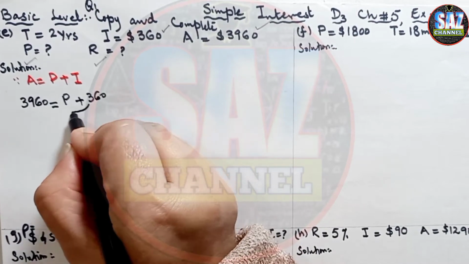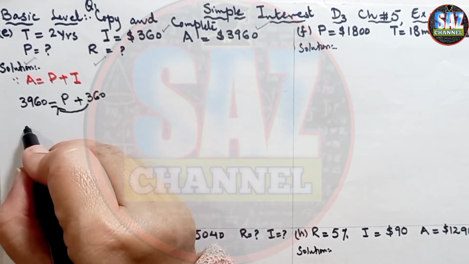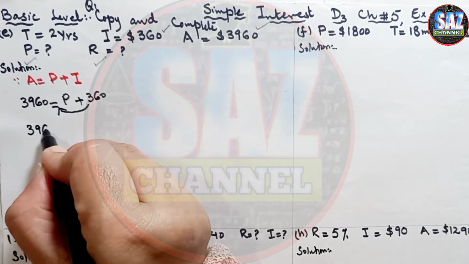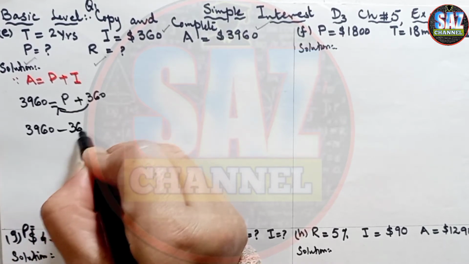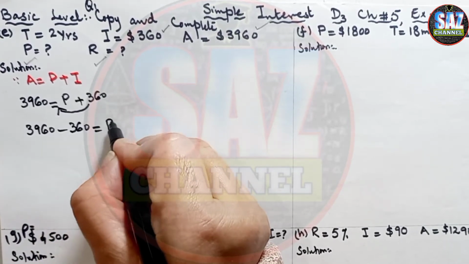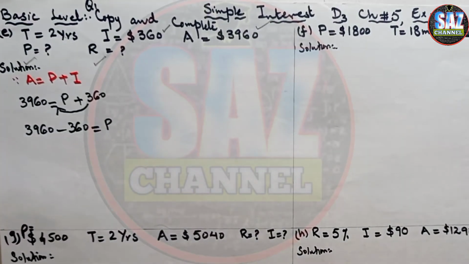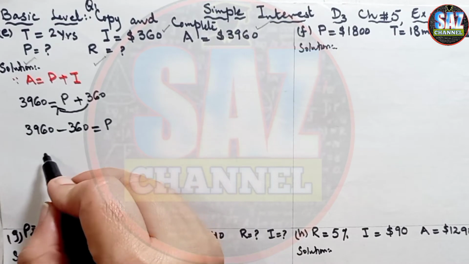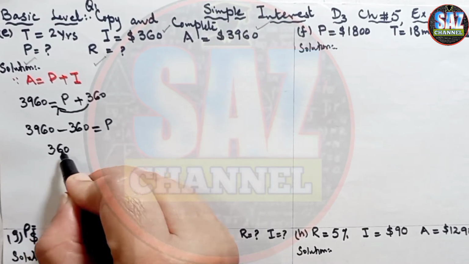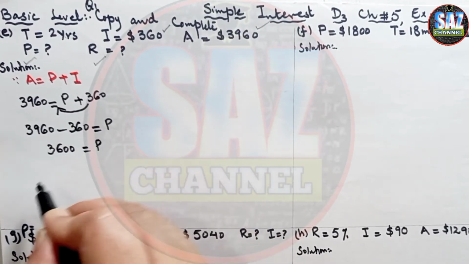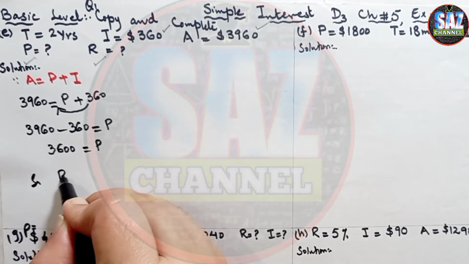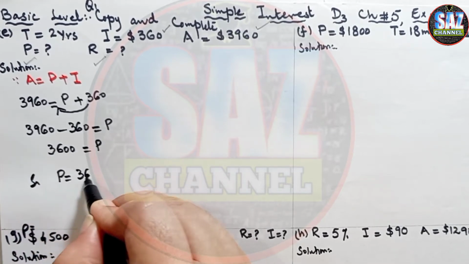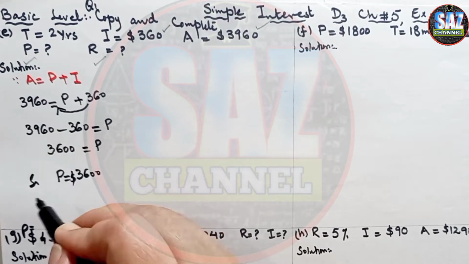So shift this 360 to the other side and the equation will take the form 3960 minus 360 equals P. Now take away 360 from 3960 and it will give me 3600. So the principal amount is $3600. So P equals $3600. I hope you are clear about this.